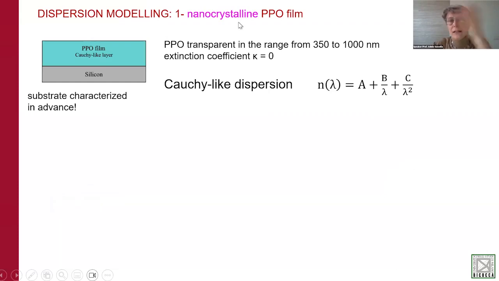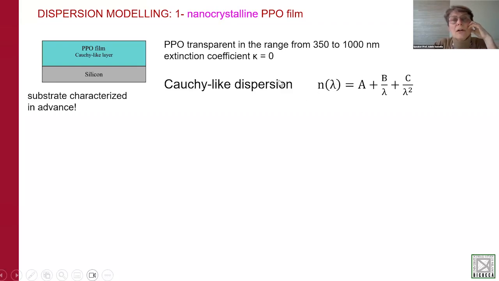The so-called nanocrystalline sample was modeled by considering the silicon we had already characterized in advance as a clean substrate, plus a layer which is transparent, as we observed by UV-visible transmittance, so that its extinction coefficient is 0.